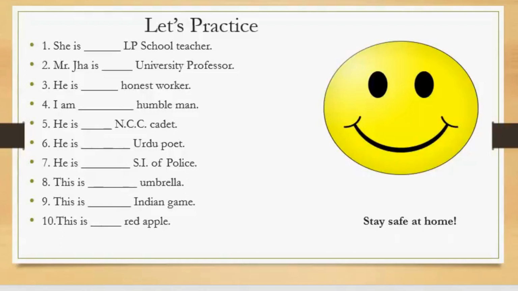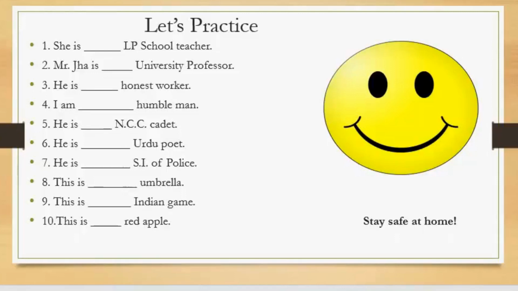He is dash honest worker. Honest worker, not honest worker. And dash humble man. Most of them pronounce it as umble. It's not umble, it's humble. He is dash NCC cadet.